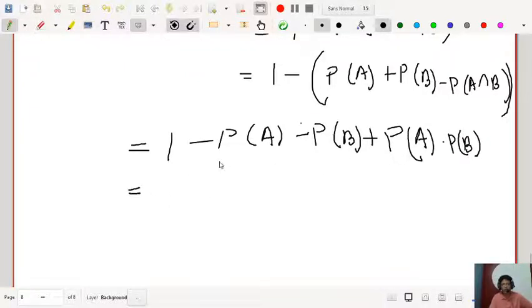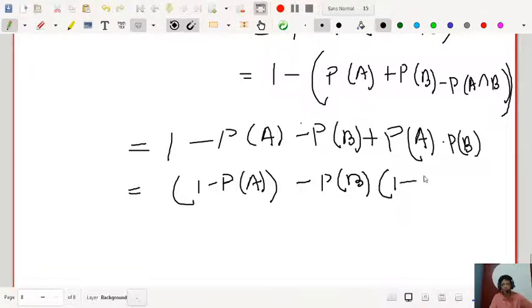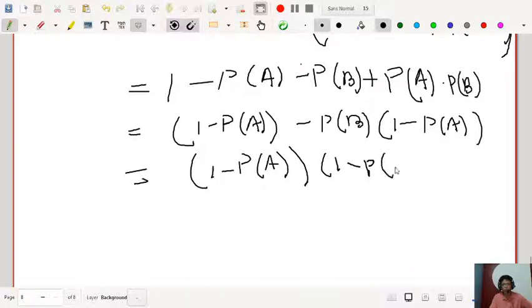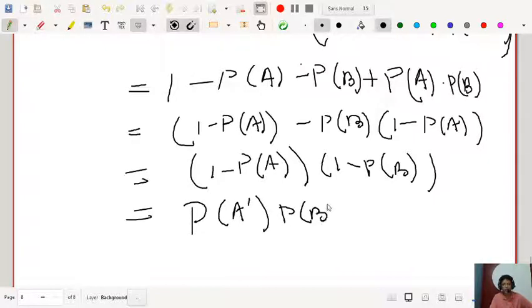Now you can take 1 minus probability of A common, so minus probability of B, 1 minus probability of A. So that gives you 1 minus probability of A into 1 minus probability of B by simple factorization, and that is nothing but probability of A complement into probability of B complement.